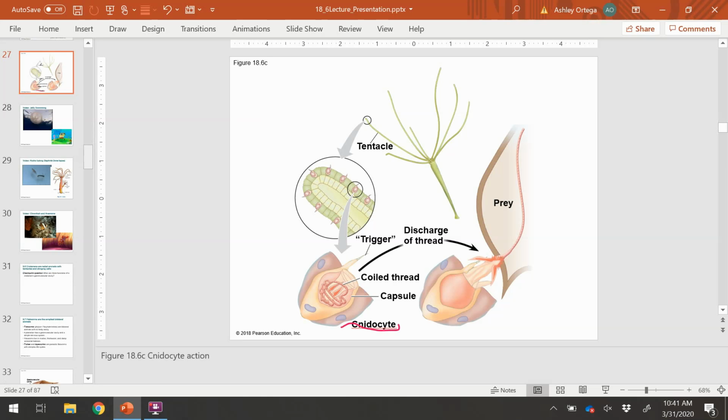And so on the cnidocyte itself, they have a region called the capsule that has a coiled thread, and what we call a trigger, on the outer portion sticking out. And so when that trigger touches prey tissue, it's going to discharge that thread that will then be inserted into the prey tissue and cause that stinging sensation.